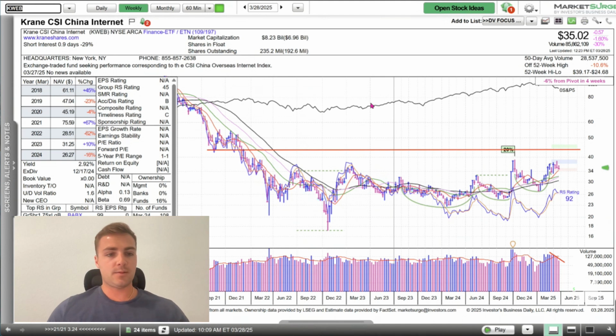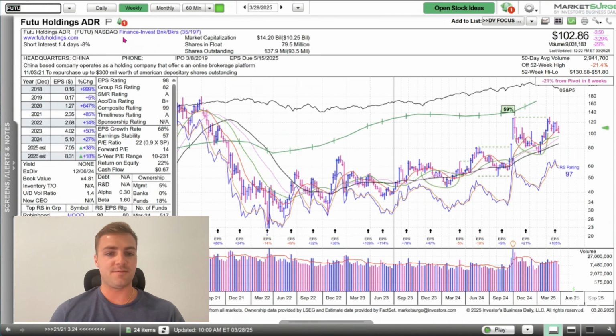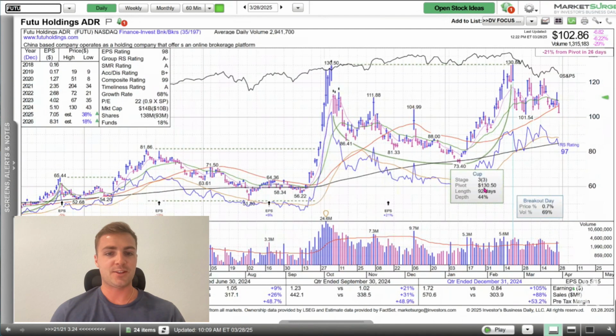And then we can just take a peek at some other ones. FUTU. So I made the comparison that BABA is the NVIDIA of China. Now FUTU, I'll make the comparison that this is the Robinhood of China.